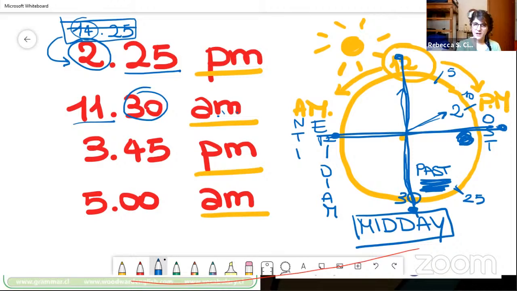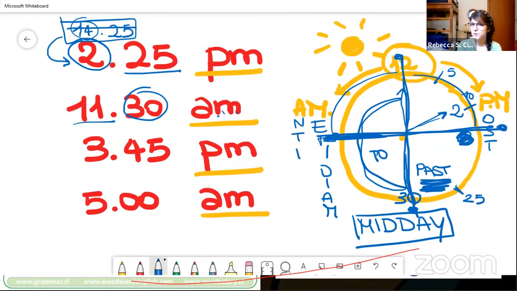This one, 3:45, can be read by considering the second half, which is the half in which you count the minutes that you need to reach the 12. So in this case, it's here, right? So this is another quarter.